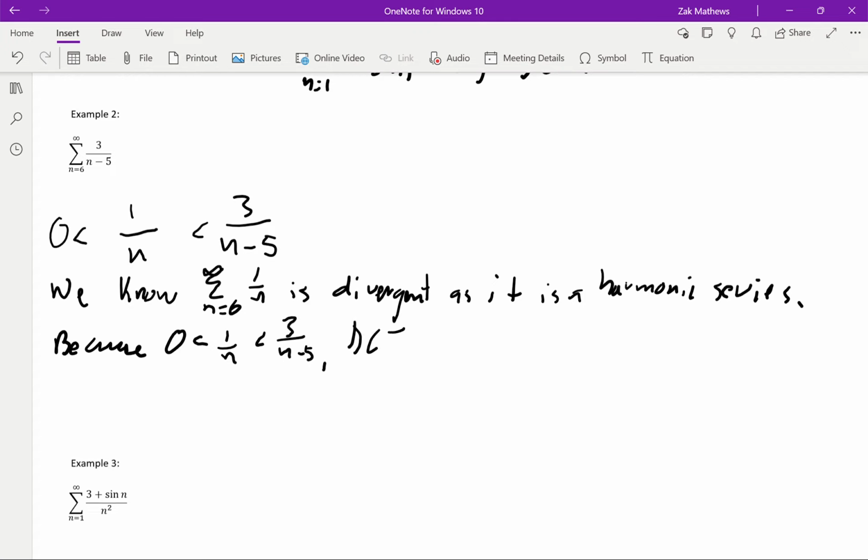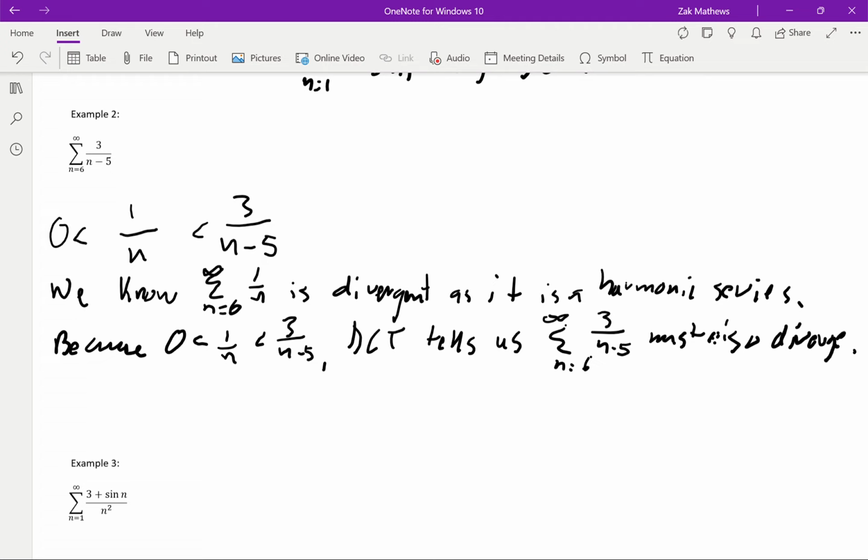Direct comparison test tells us the series n equals 6 to infinity of 3 over n minus 5 must also diverge.